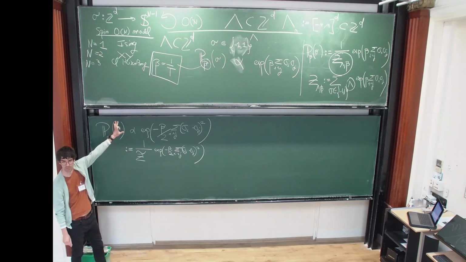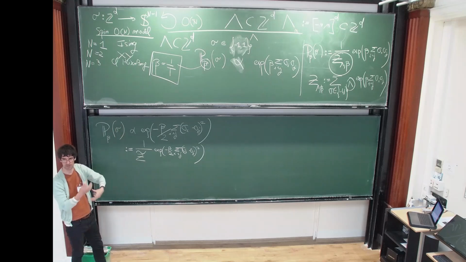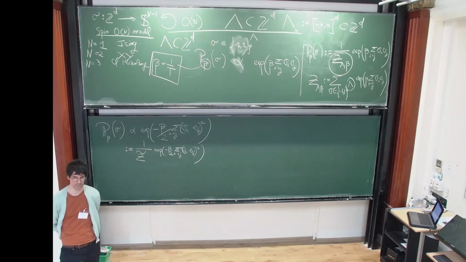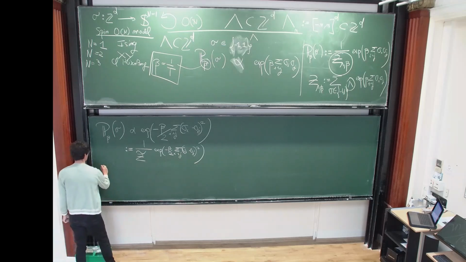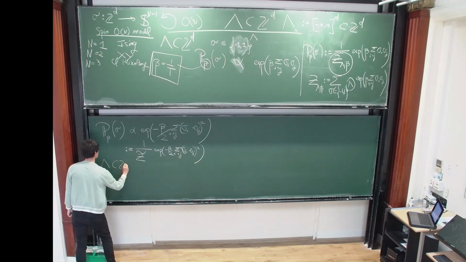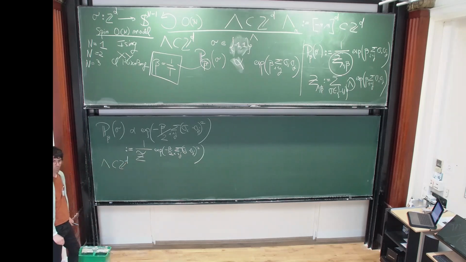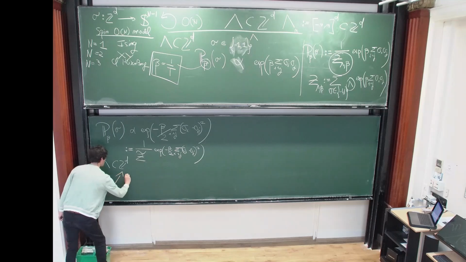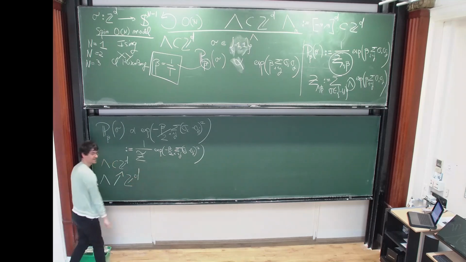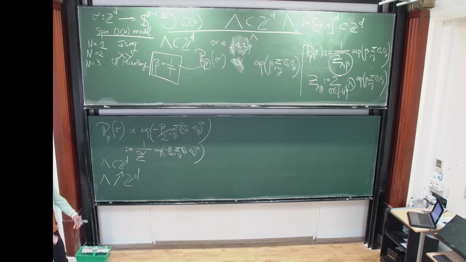I will go back to the slides to show a few pictures and how the model behaves as a function of beta. But when we do this, it's perfectly well defined for lambda a finite box in Z^d. And then one of the games of statistical physics is to let lambda grow so that it spans the whole lattice Z^d, and then to wonder how the measure on the full lattice behaves as a function of beta.